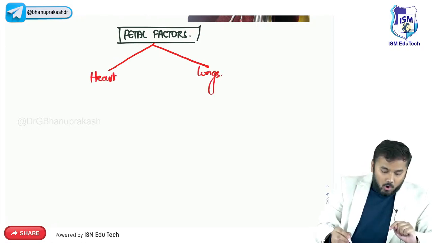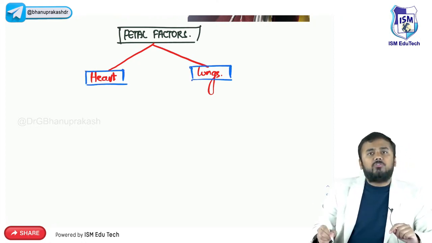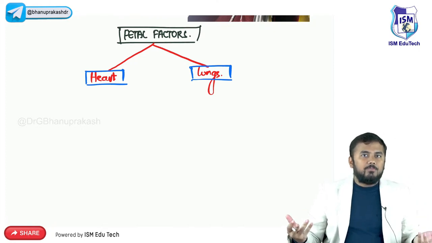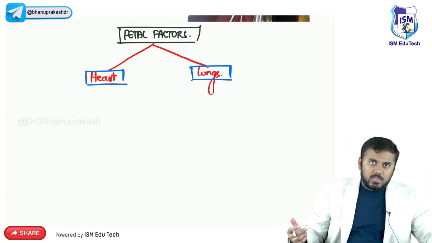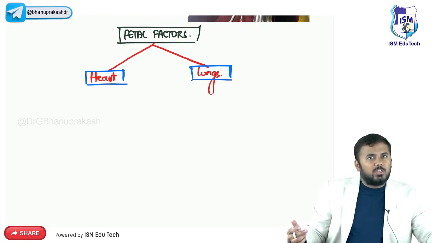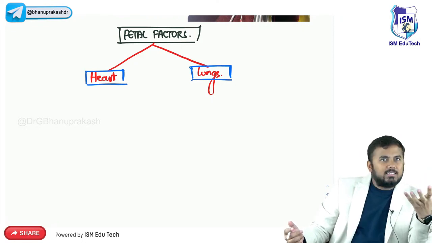Okay. What can happen to the heart? Anyone? For example, if there is a congenital heart defect, do you think the heart will be working properly or there is heart failure? There is heart failure.